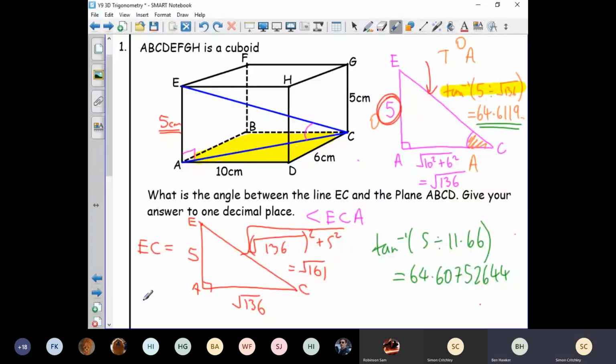Okay. I'd like someone to type in this as well. The square root of the squares of all of these 3 sides: 10 squared plus 6 squared plus 5 squared.